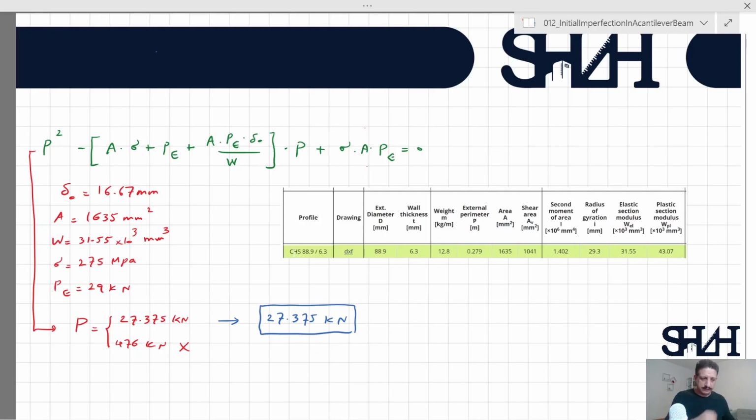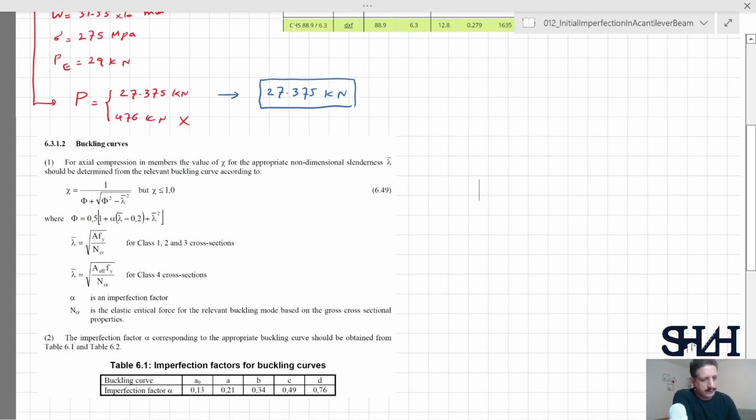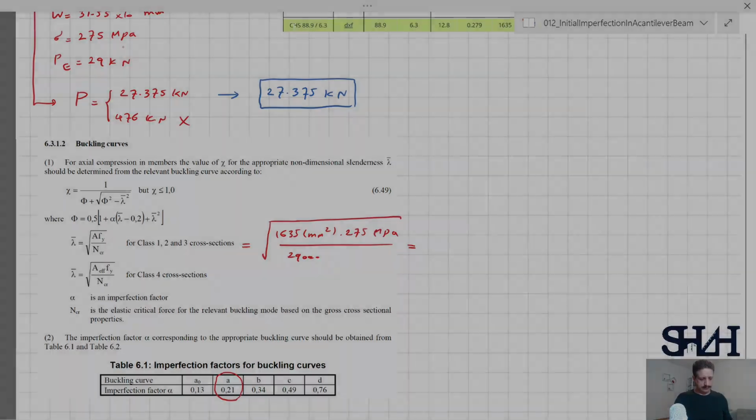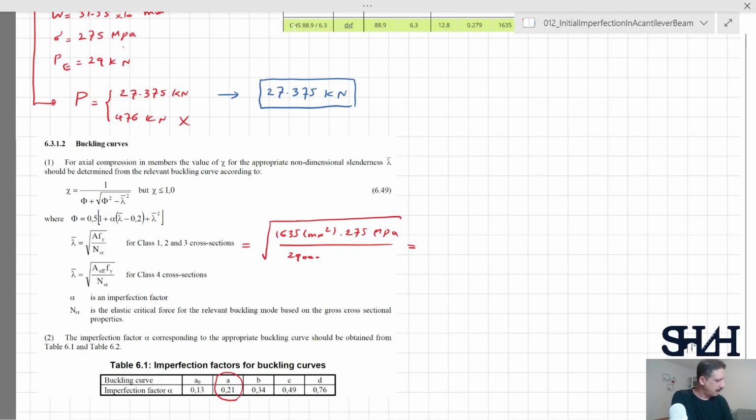Now let's check from Eurocode what would be the maximum load that we can apply. So here we used curve A. Lambda is calculated according to the square root of 1635 square millimeter times 275 megapascal divided by N critical, which is 29,000 Newton, giving 3.94.